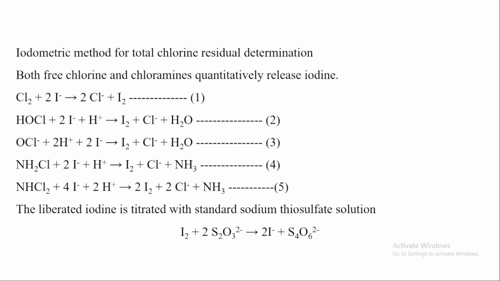So, now if you see 2S2O3 2 minus, what is the net charge? The net charge is minus 4, 2 into 2 is 4, and since minus 2 is there, the net charge is minus 4 on left hand side. Okay.